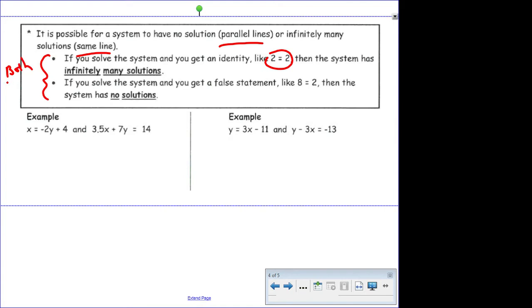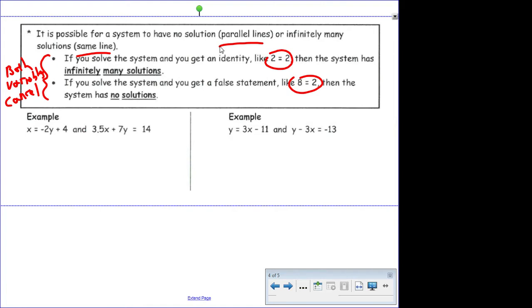If both variables cancel and you're left with something that's not equal, no solution. So let me give you a quick example of that.